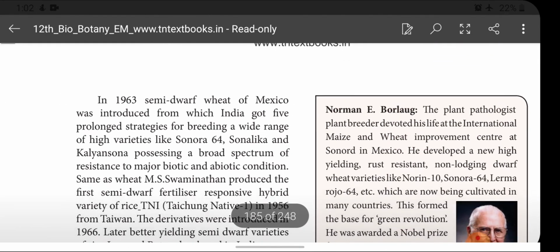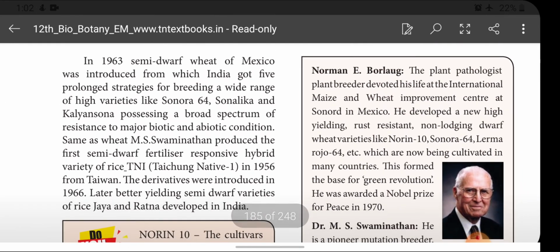In 1963, semi-dwarf wheat of Mexico was introduced, from which India got prolonged strategies for breeding a wide range of high yielding varieties like Sonora 64, Sonalika, Kalyan Sona, possessing a broad spectrum of resistance to major biotic and abiotic conditions.